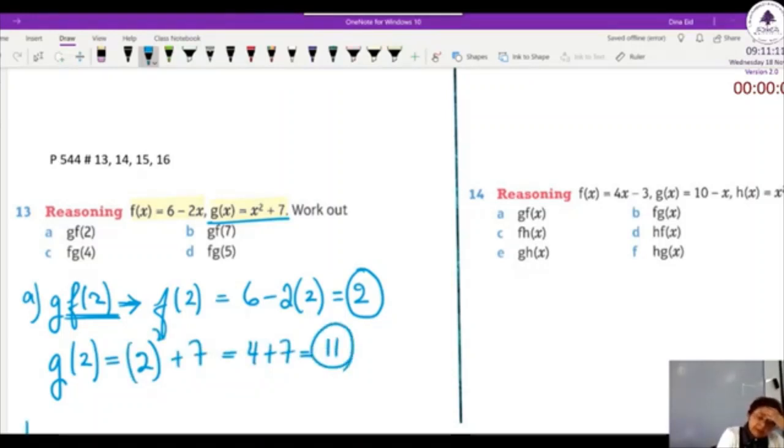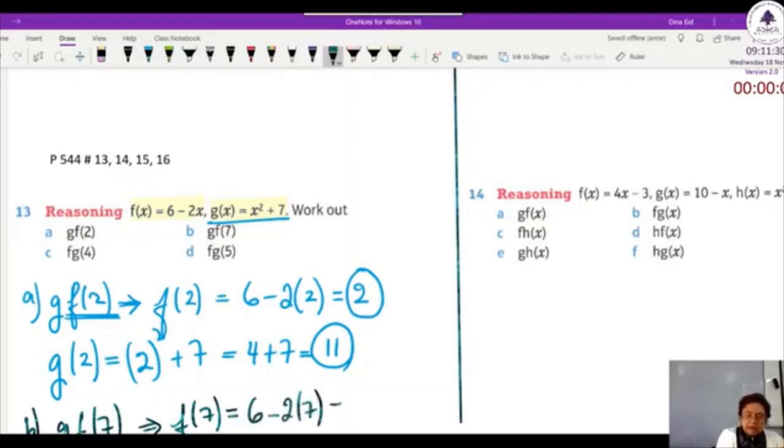B. Let me go and start with B. We have gf of 7. So the first thing, I evaluate f of 7. So I replace, instead of x, 7. And then I find the answer. It's 6 minus 14, and it's equal to minus 8.